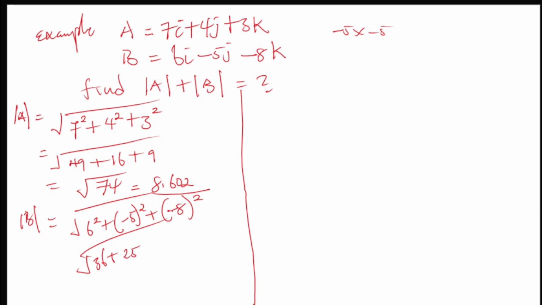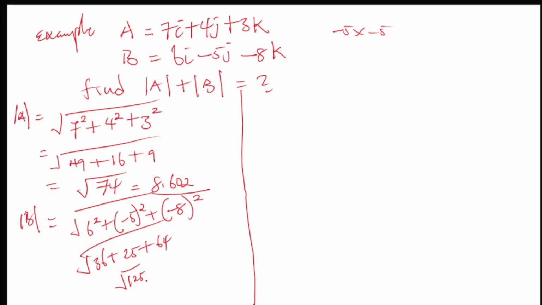Now the next one is minus 8 times minus 8, which is 64. So you have plus 64. And if you punch this in your calculator, I think 125. Yes, you have 125 here.